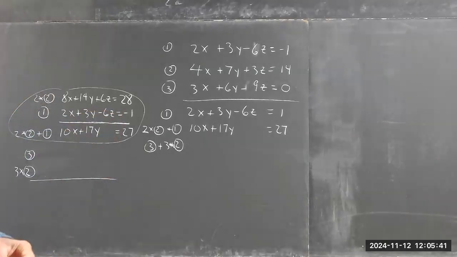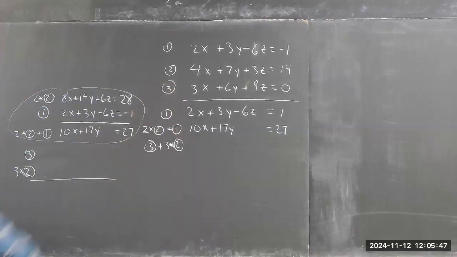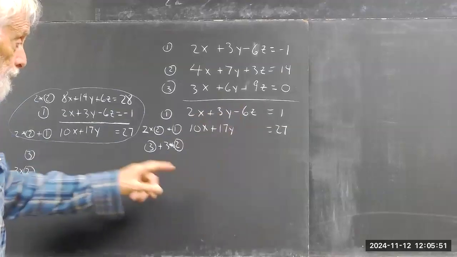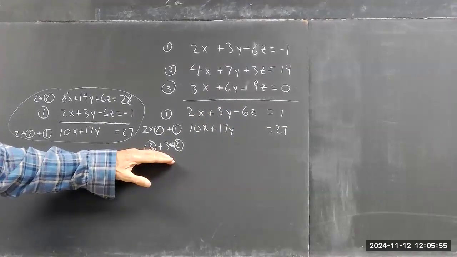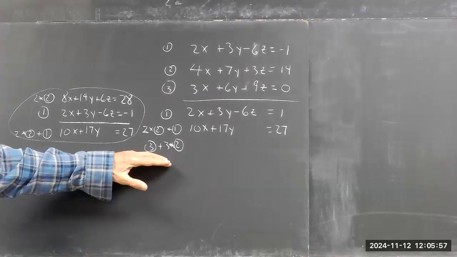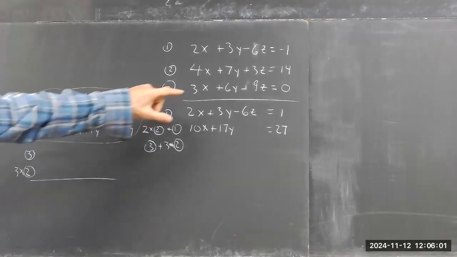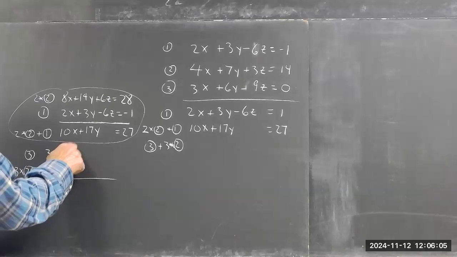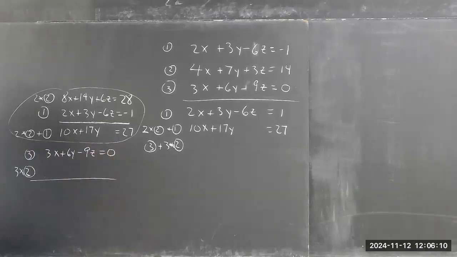Okay, so let me clarify what we're doing here. Equation 3 is 3x plus 6y minus 9z. Following this instruction here, we write down equation 3, which is 3x plus 6y minus 9z equals 0.